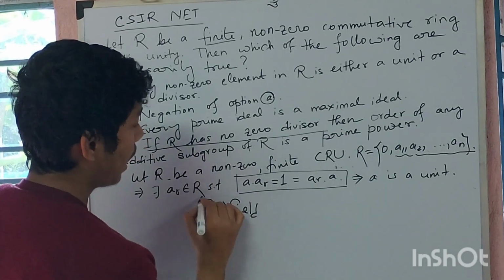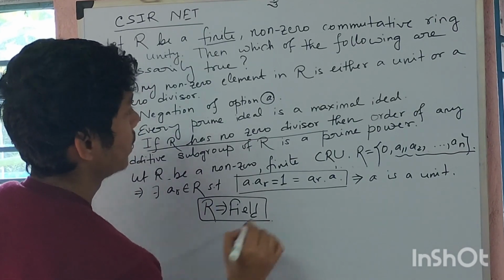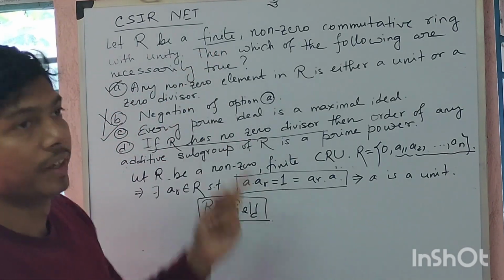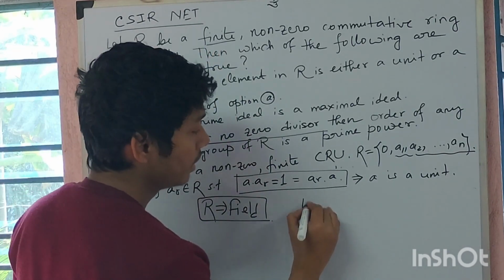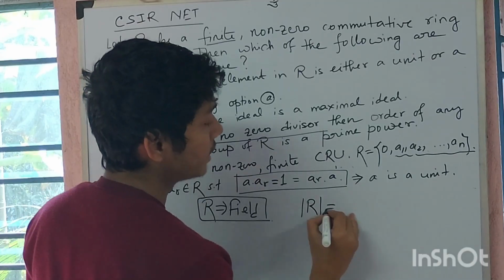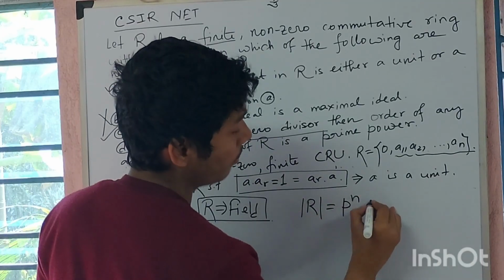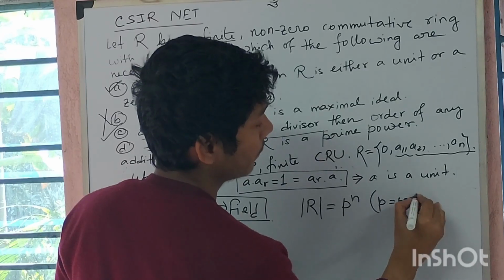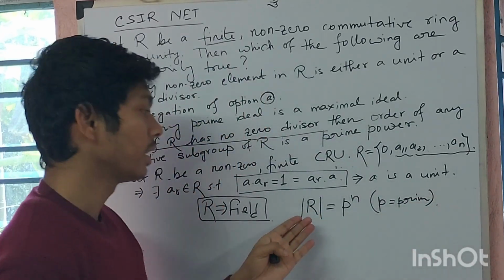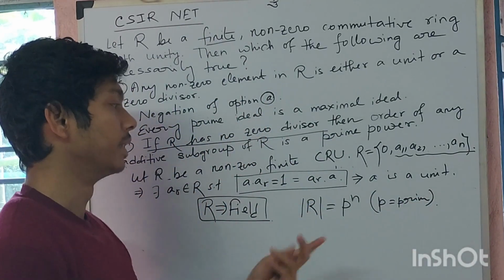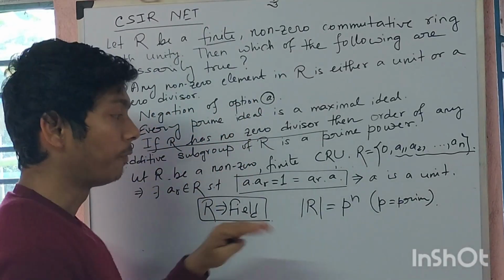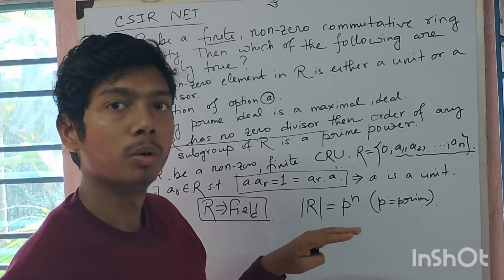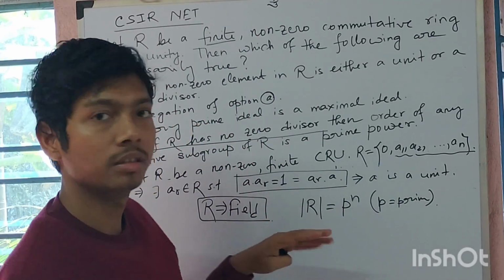Now R is a finite field. The order of a finite field is always of the form p to the power n, where p is a prime. Then the field is always a group with respect to addition.